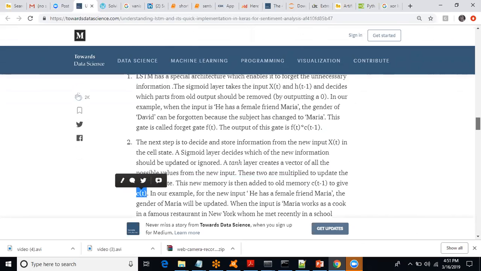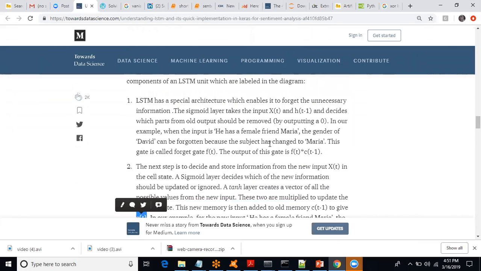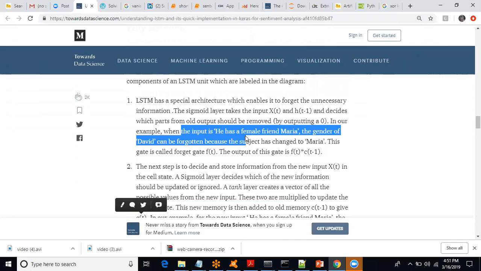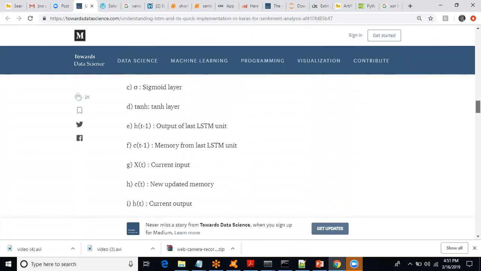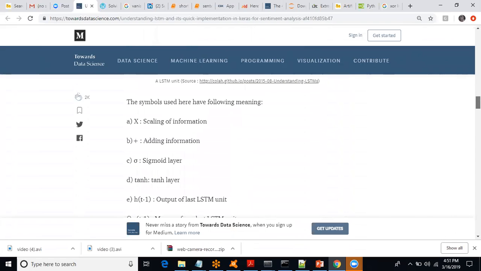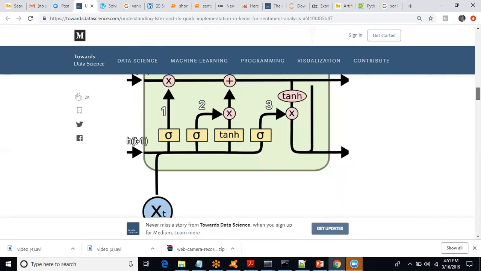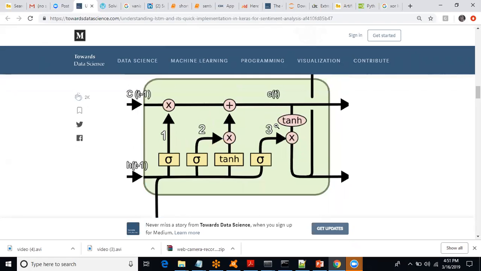Here, if you see, in our example, this gate is the forget gate, and the output of this gate is h of t minus 1. Here we apply sigmoid.